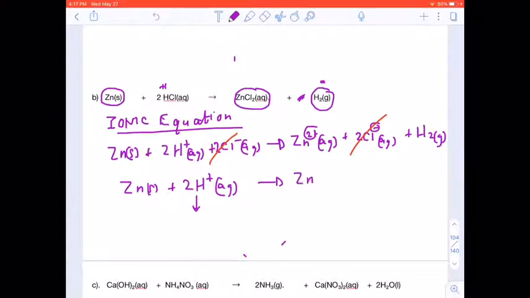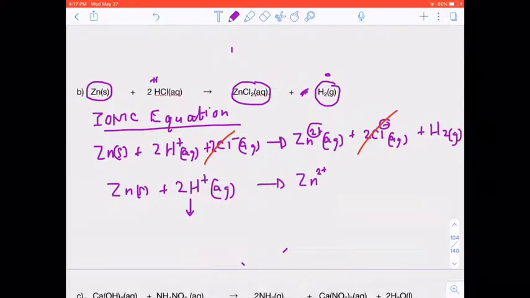I get the Zn2 plus ion, which obviously is part of your salt, plus hydrogen gas. Right, so this is a gas forming reaction, but whilst it forms a gas, it's actually a redox reaction. Remember in the earlier one with the carbonate, it also formed a gas, but it wasn't a redox reaction, right? It was just an ion exchange reaction.